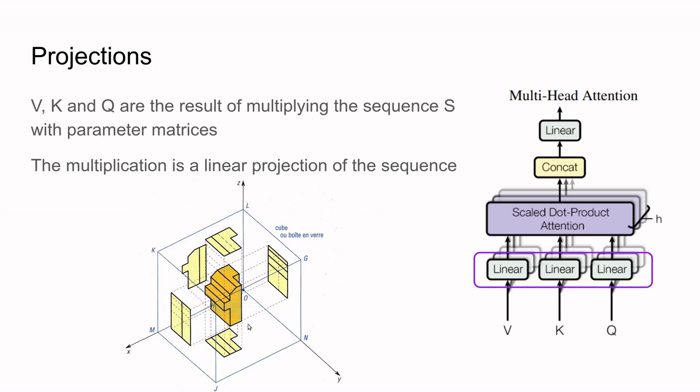Our words are points in space, and before running the attention, we project these on some dimensions, and we do these projections many times. After each of these projections, we apply the attention mechanism. And at the end, after applying this attention multiple times, we concatenate all the results together.